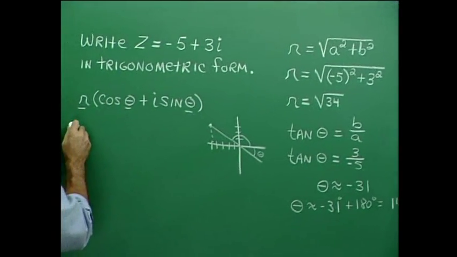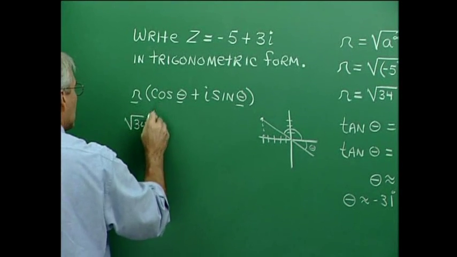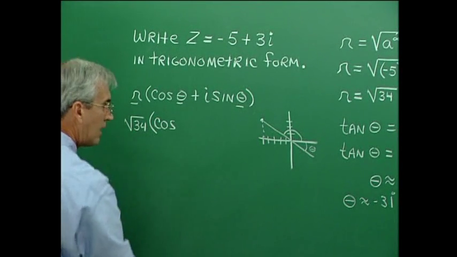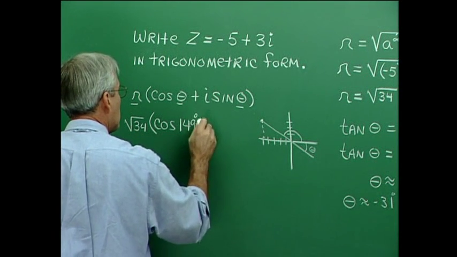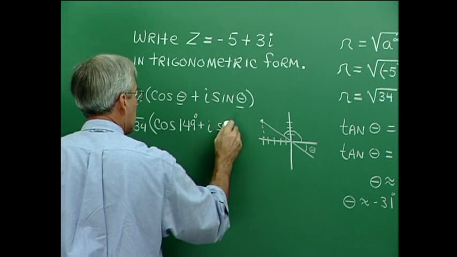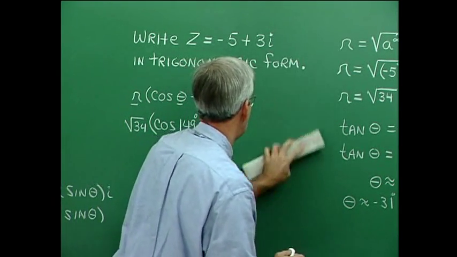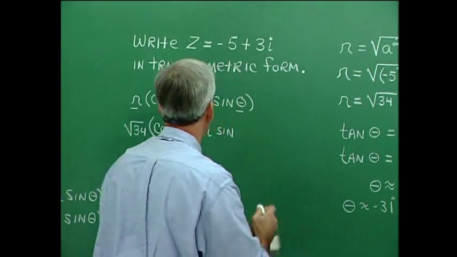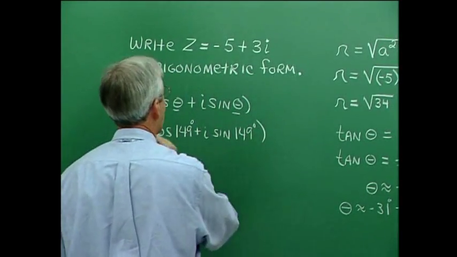So now, with the r and the theta, we can come back over here and write our trigonometric form. The r is the square root of 34, and theta is 149 degrees. And this is our trigonometric form.